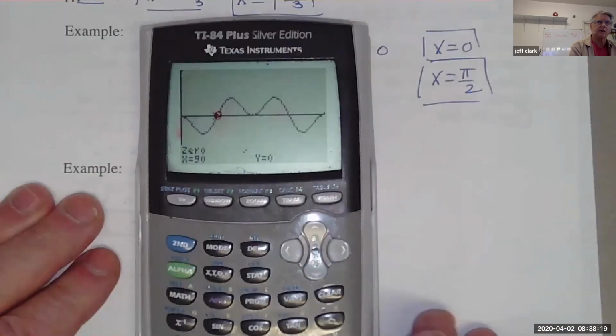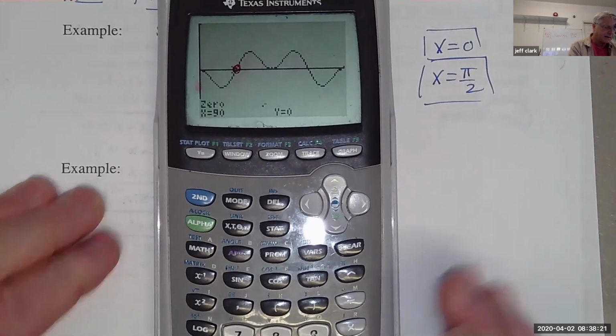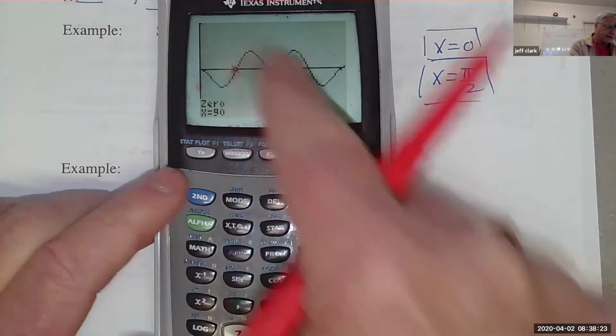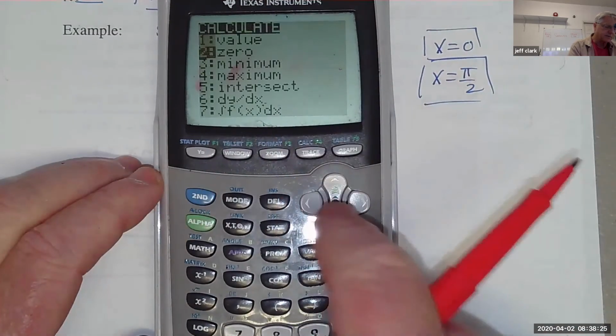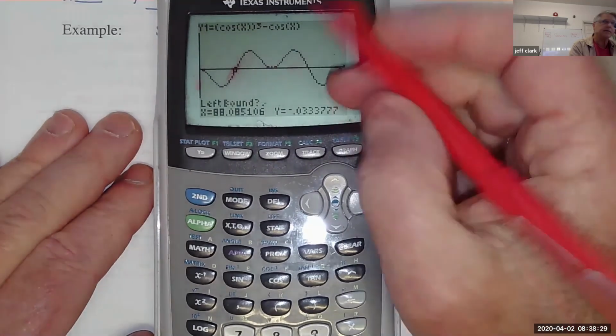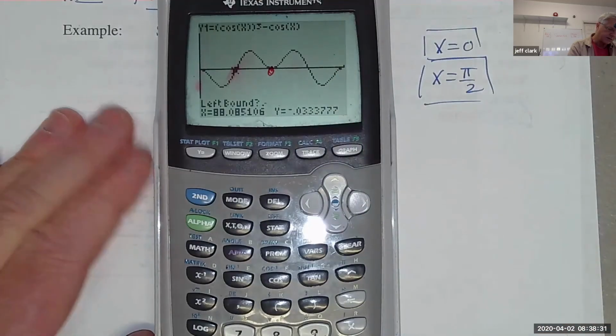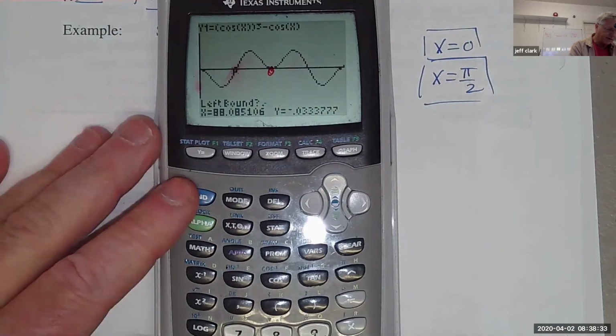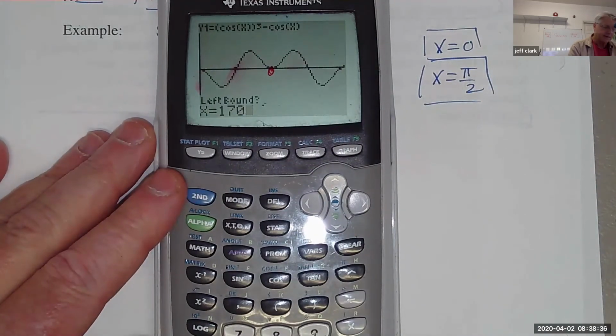Okay, next one looks like 180. So second calc 0. So I think it's this one. If that's 180, how about something to the left is 170, something to the right is 190. See if that works.